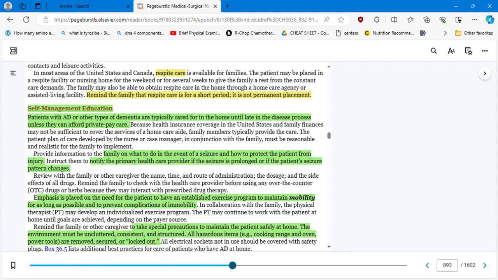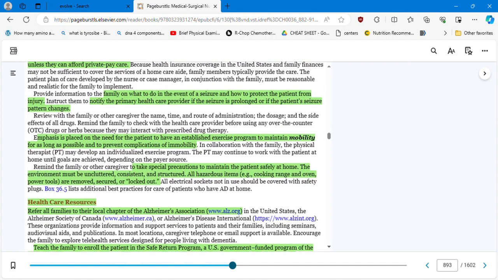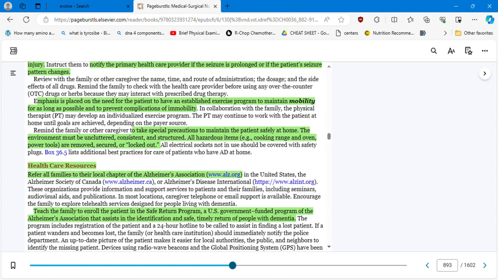Self-management education. We have to train not only the family members, but we have to give them appropriate training related to seizure and how to protect the patient from injury, and to notify the primary healthcare provider immediately if the seizure is prolonged or if the patient's seizure pattern changes.